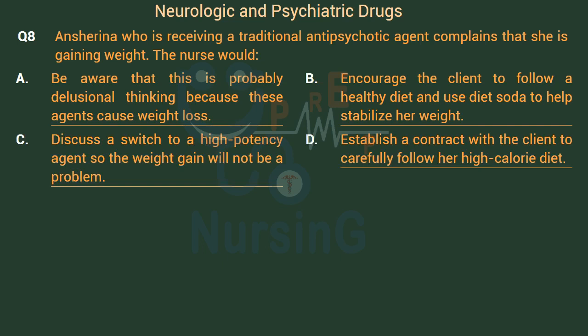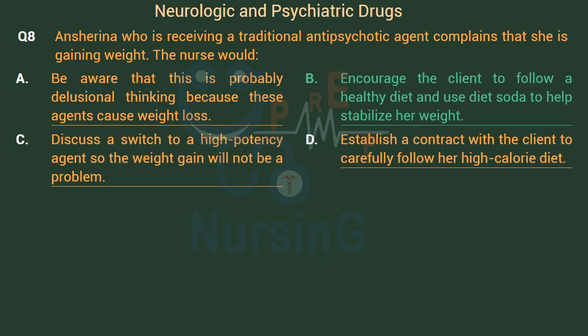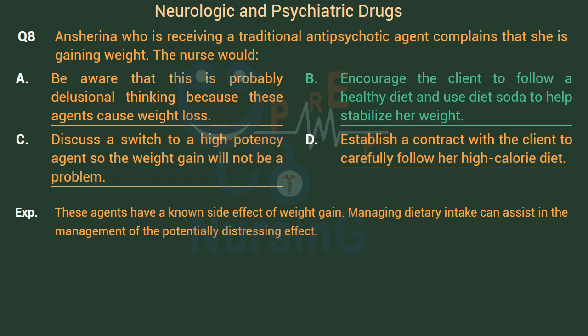Option D. Establish a contract with the client to carefully follow her high-calorie diet. Right answer is Option B. Encourage the client to follow a healthy diet and use diet soda to help stabilize her weight. These agents have a known side effect of weight gain. Managing dietary intake can assist in the management of the potentially distressing effect.